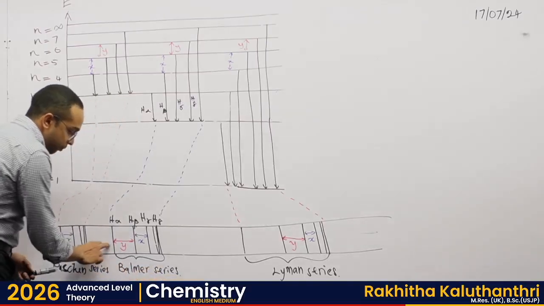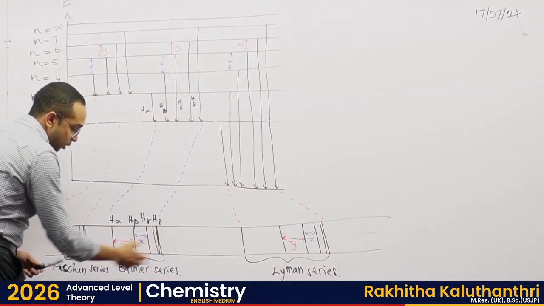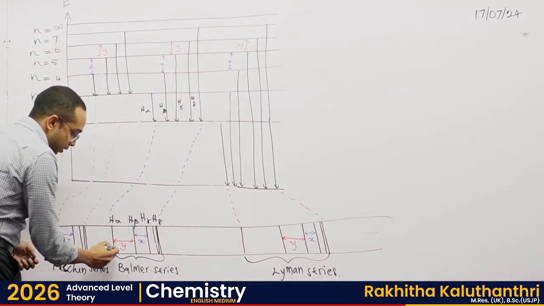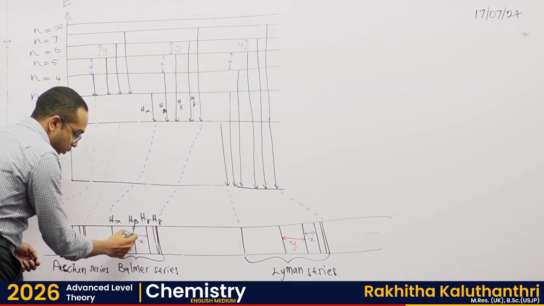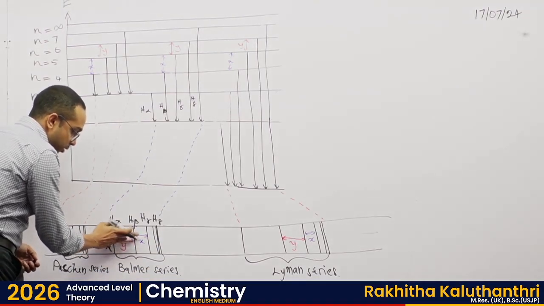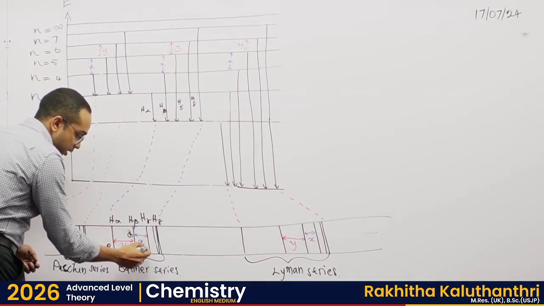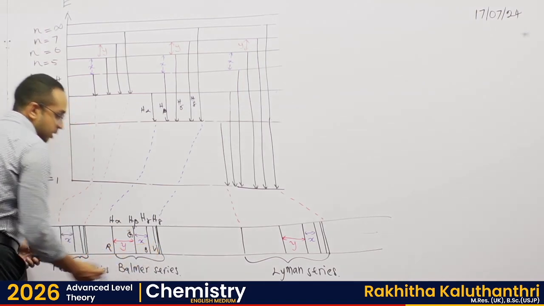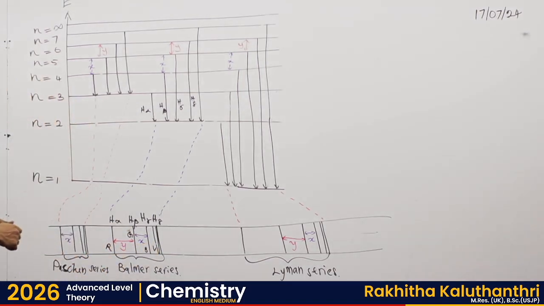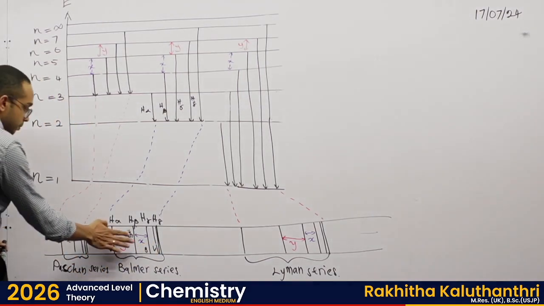If you can, please write the colors next to each of these. This is red, this is green, this is blue, and this is violet. Write those colors as well.